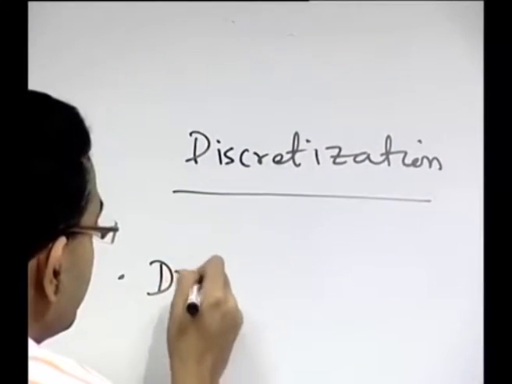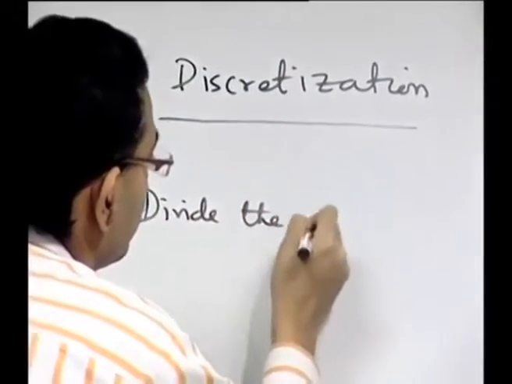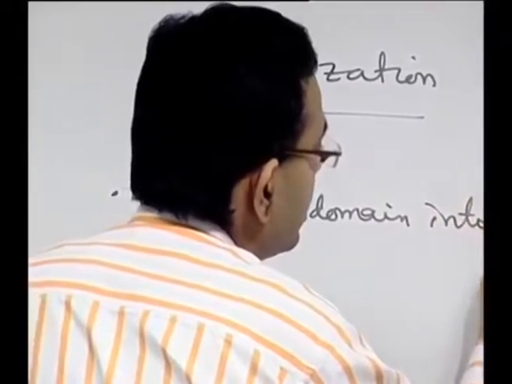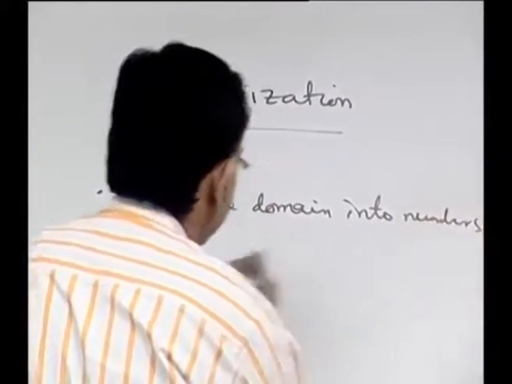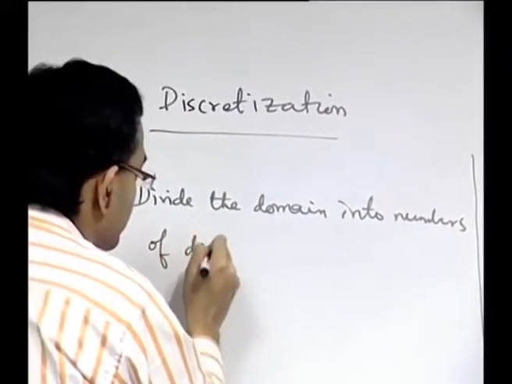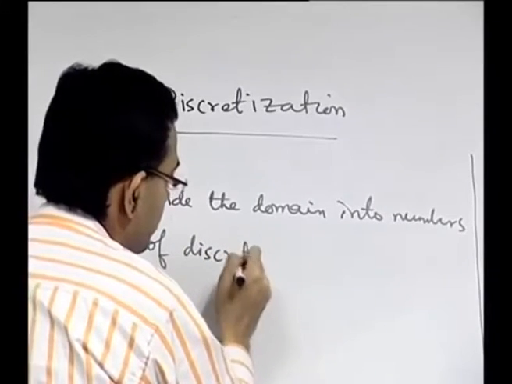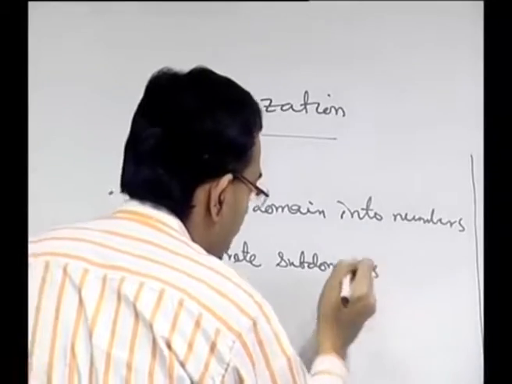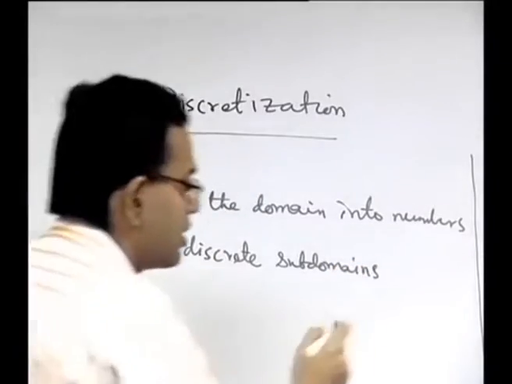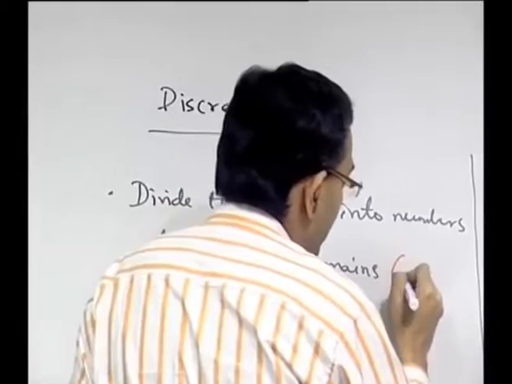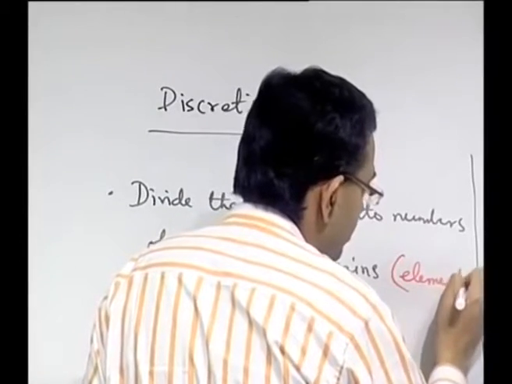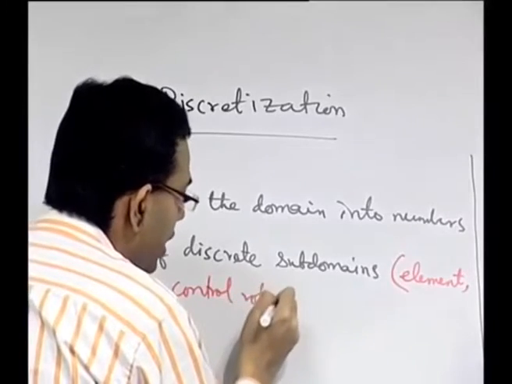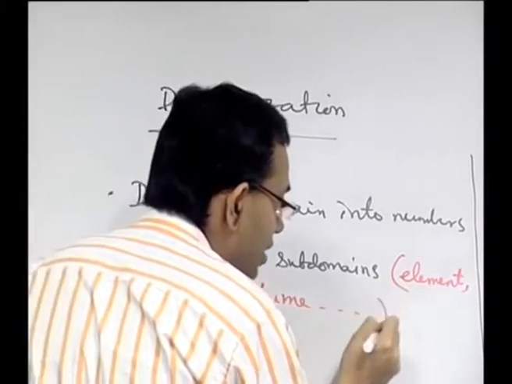Divide the domain into numbers of discrete subdomains. The names of these subdomains may be element, control volume, depending on the particular method that you are choosing.